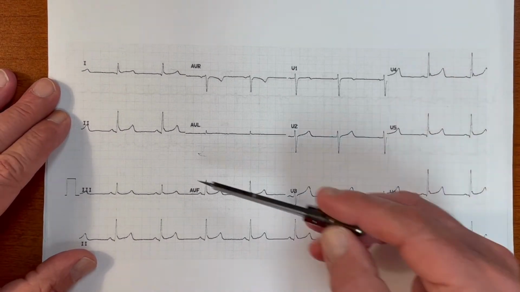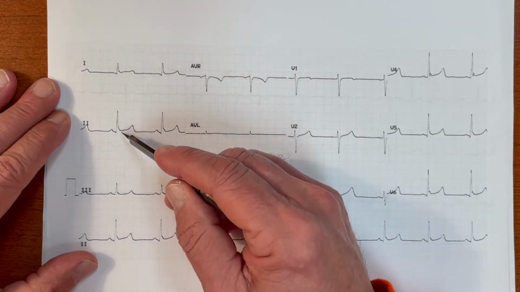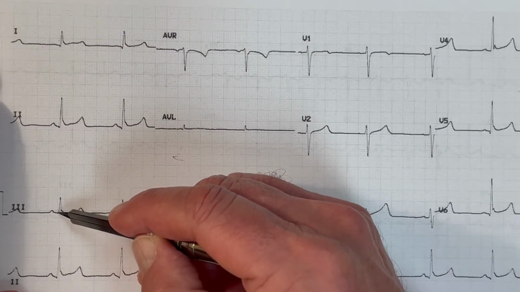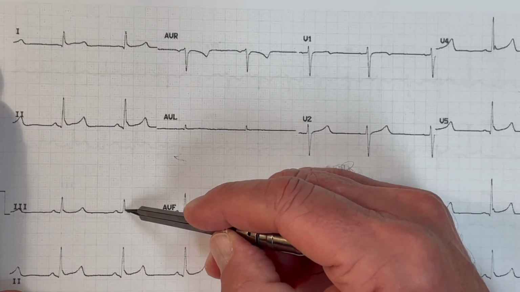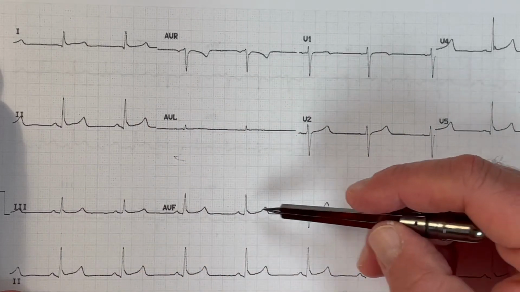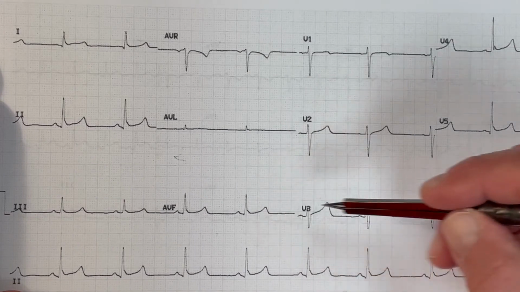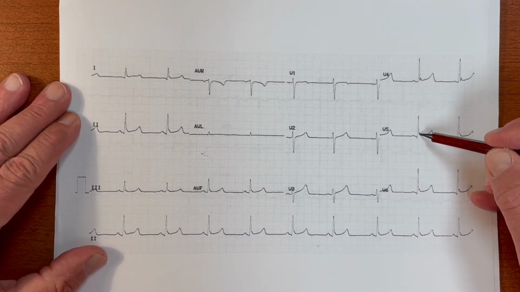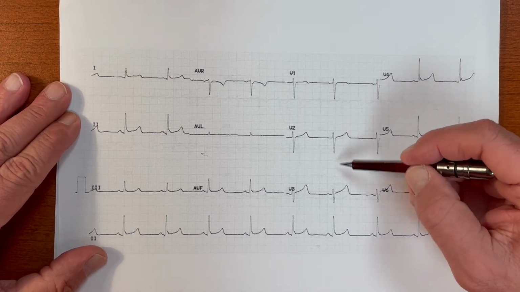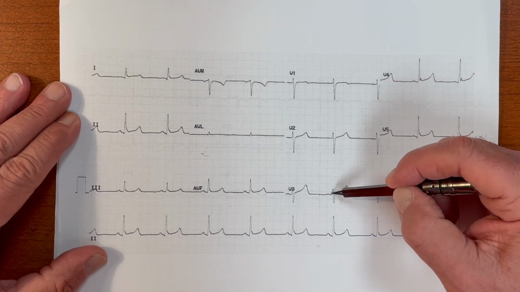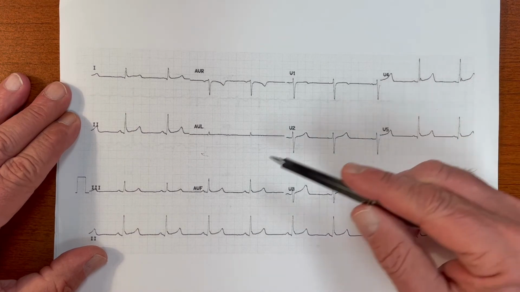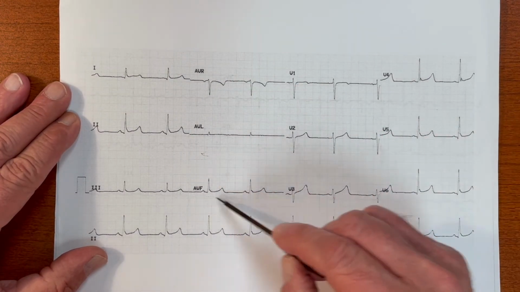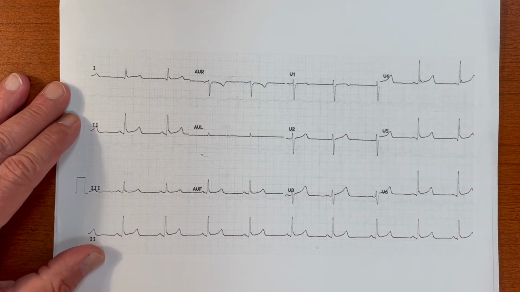And if we look at the J point, comparing to the PR, we see mild ST segment elevation. The J point is mildly elevated diffusely, mildly, and morphologically concave.